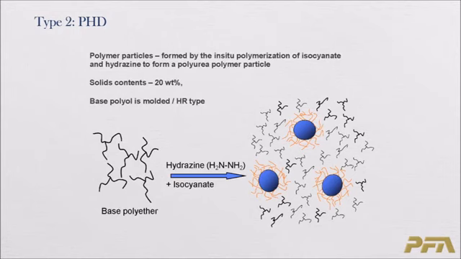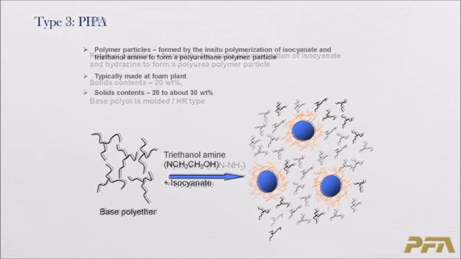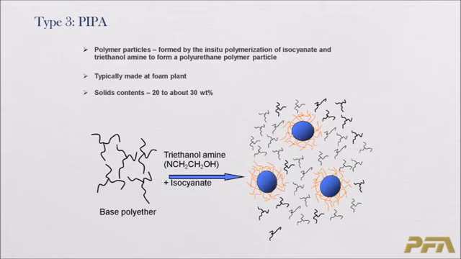That last type, as I mentioned, the PIPA, typically uses an alkanolamine, like triethanolamine. So essentially you're forming a dispersion of a polyurethane in there. Again, these are typically lower solid content, and they're often made at the foam plant itself.